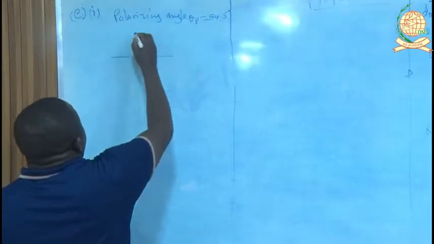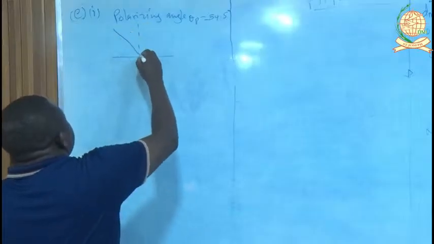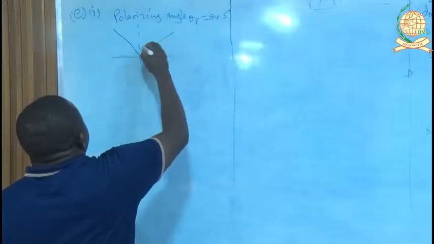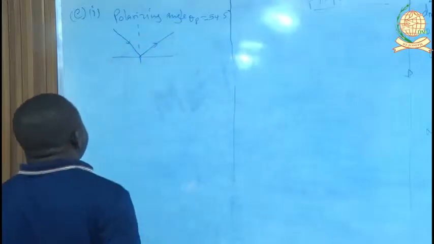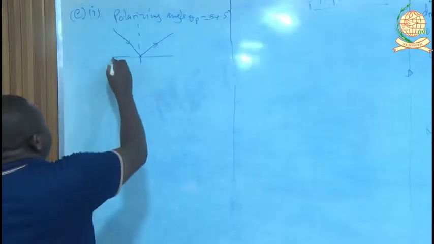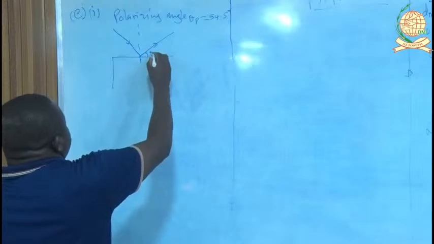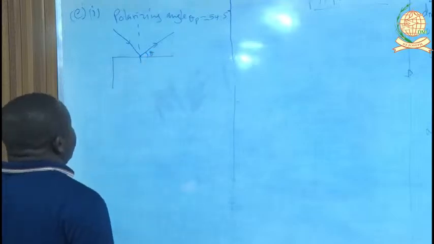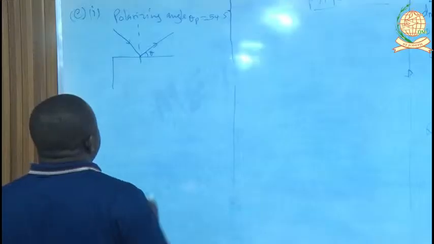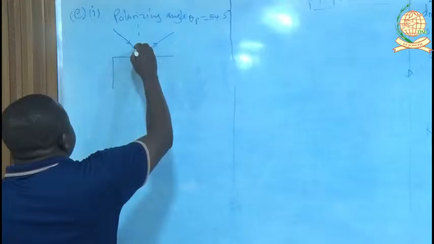This is the normal, this is the incident, this is the reflected line. If it is linearly polarized, then the angle of incidence, theta, will be the polarizing angle of incidence.